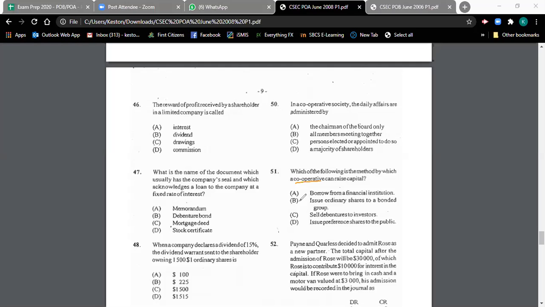Payne and Corliss decided to admit Rose as a new partner, right? The total capital after the admission of Rose would be 30,000, of which Rose is to contribute 10,000 for interest in the capital.